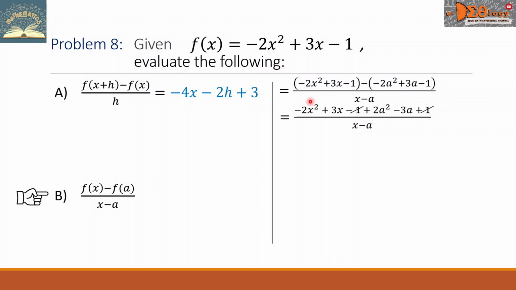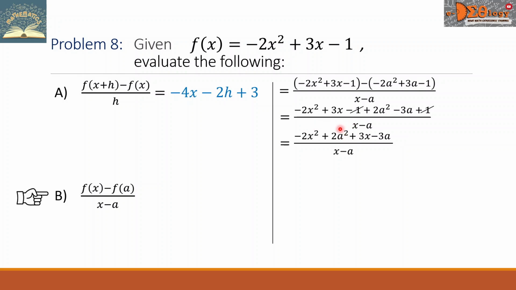Next, let us rearrange our terms just to put together those with power 2. So we have negative 2x squared plus 2a squared plus 3x minus 3a. Let us do factoring in the numerator by grouping. The first two terms are grouped together, and the last two terms are grouped together.